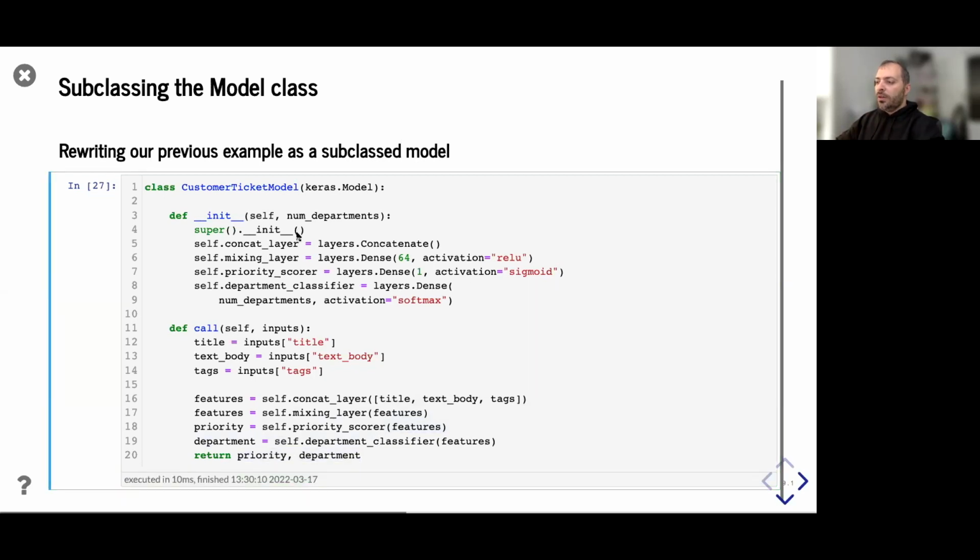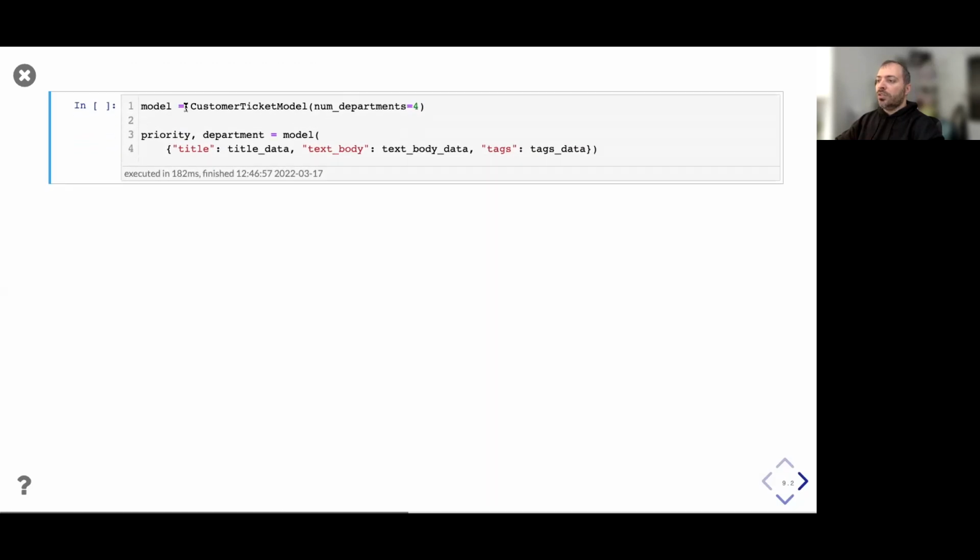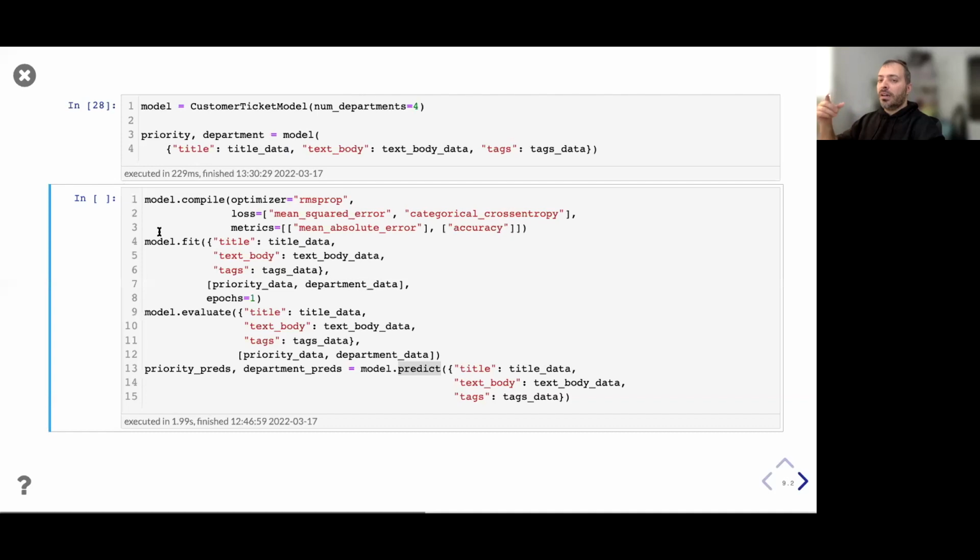So let's see how this will roll out. We construct an instance from this class, and then we take this model and run it on this dictionary of tensors. Again, these are NumPy tensors, and it can handle them, and it will return these two tensors. So this was a simple example of how you can subclass from the Keras.model class.